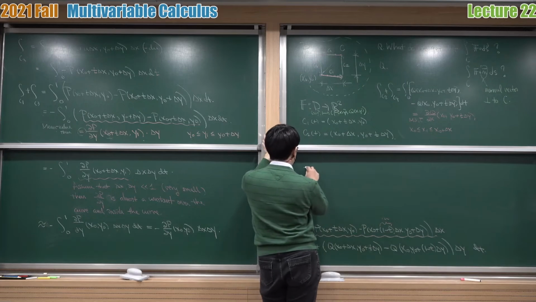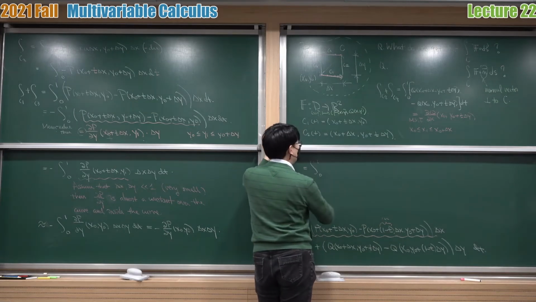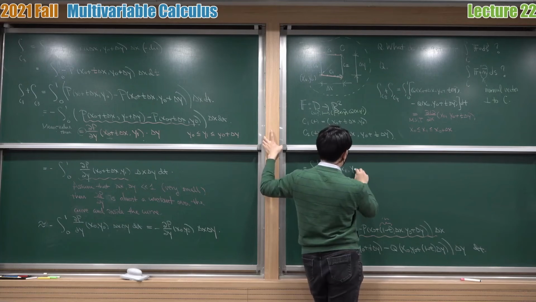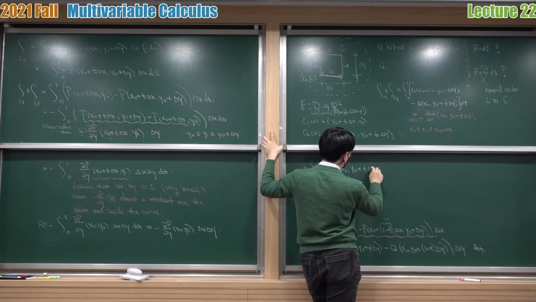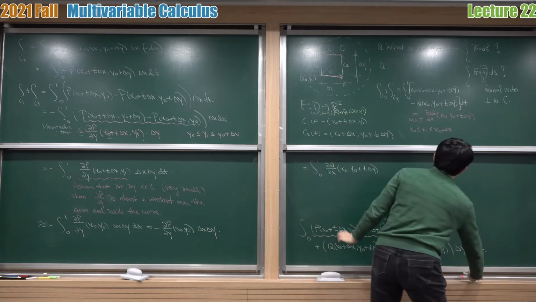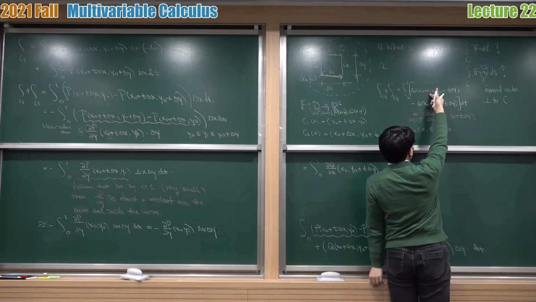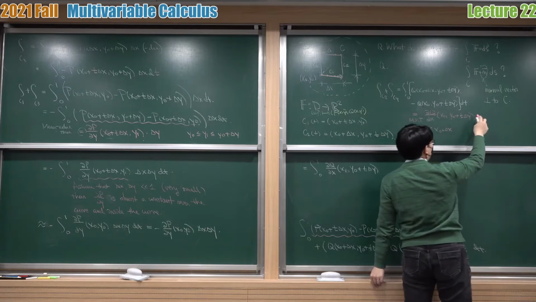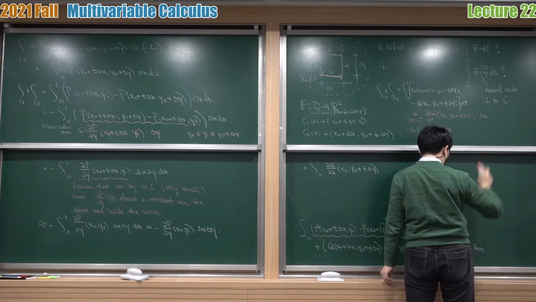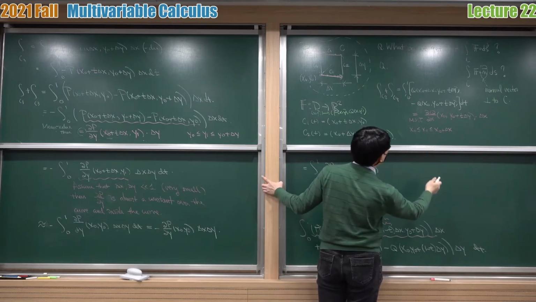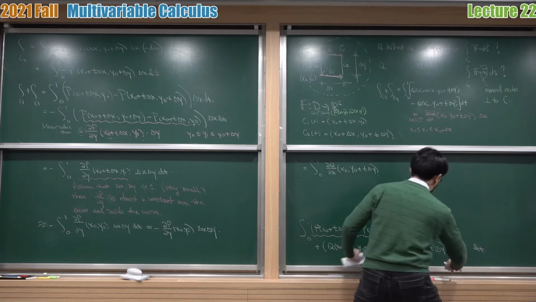So that means we have the integral from 0 to 1 of delta q, delta x at x1, y0 plus t delta y. Oh, sorry, I forgot the important part. We have the difference of x0 plus delta x and x0, so we should multiply that by the distance of x, and I forgot delta y here again.